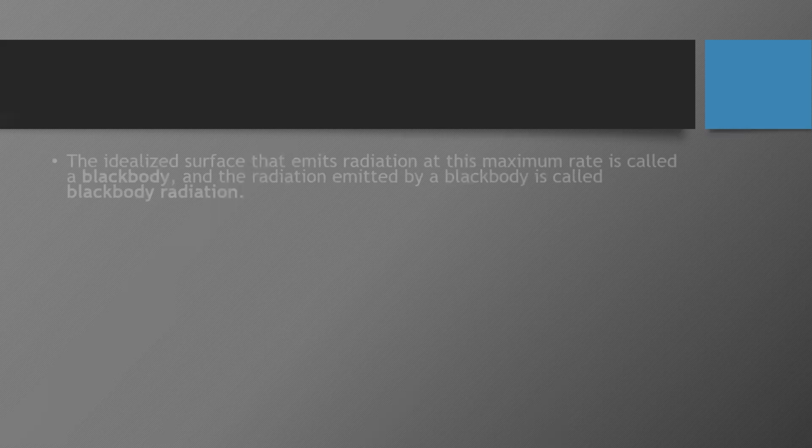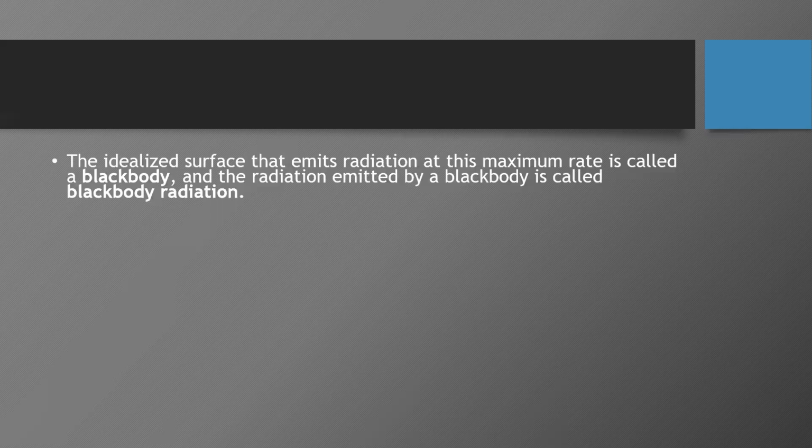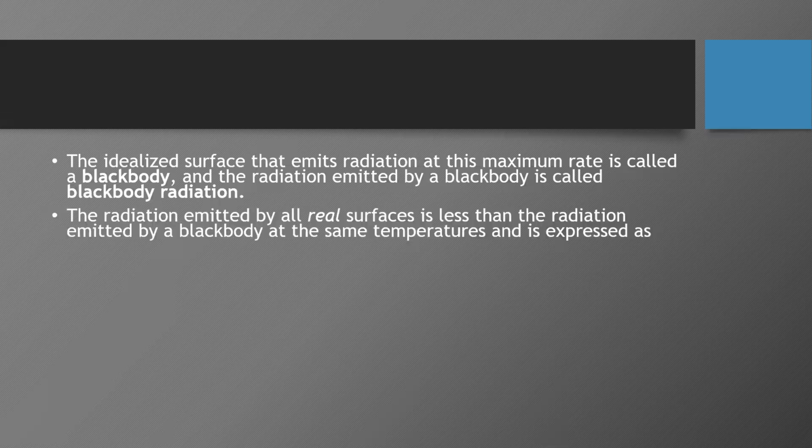The idealized surface that emits radiation at this maximum rate is called a black body. So an ideal surface. That is the maximum amount of radiation that can be emitted by any object, so that object is called an ideal object, the black body.